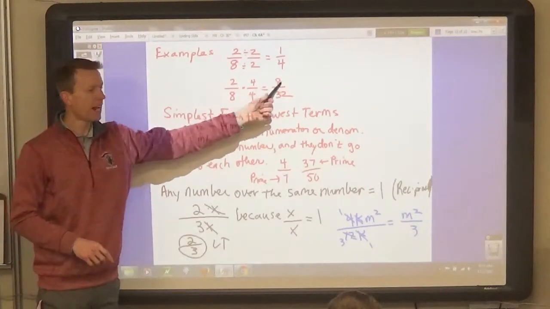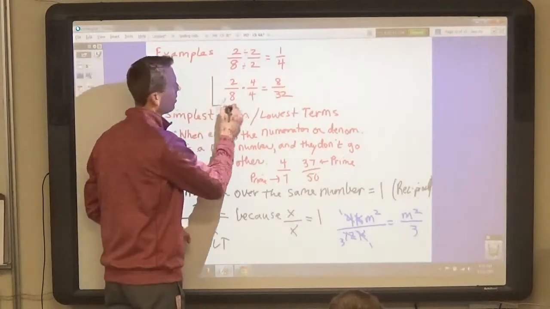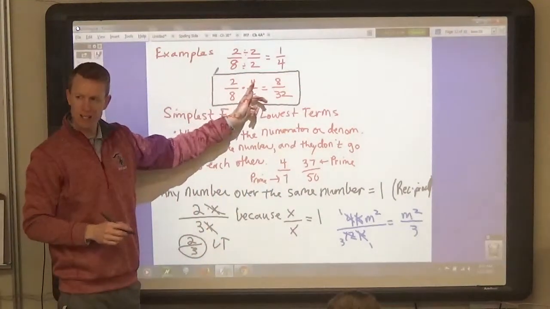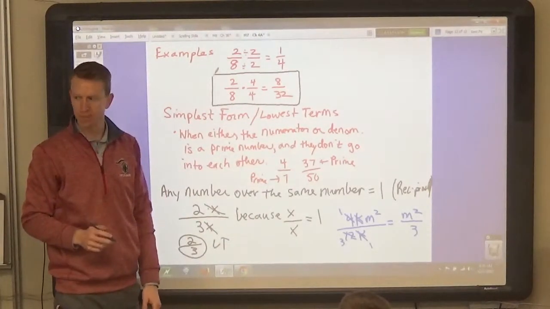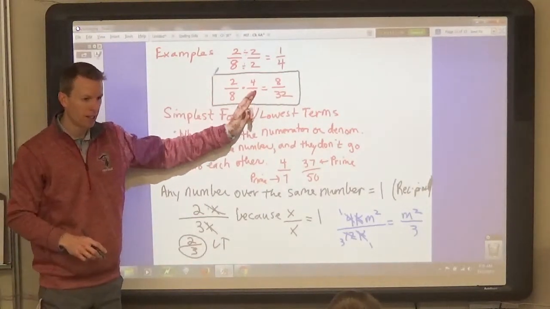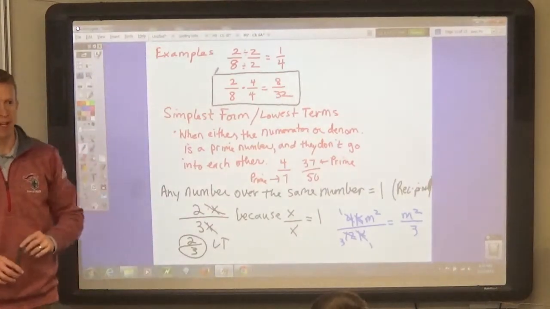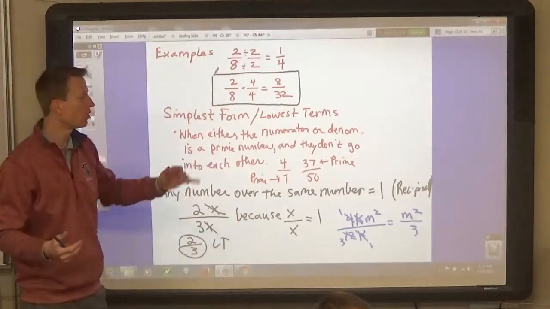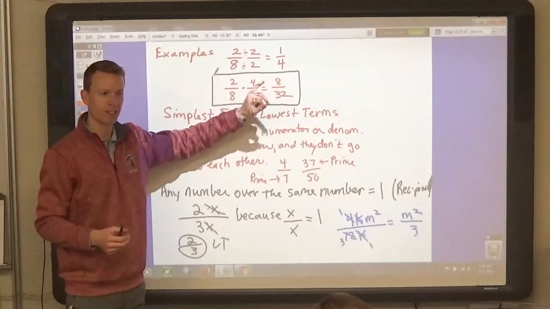So 2 times 4 is 8. 8 times 4 is 32. So these are equivalent fractions. The numerator is multiplied by the same number as the denominator. Okay? We're not changing the amount, we're just multiplying it by 1, aren't we? 4/4 is 1, isn't it? Remember that? So that's why we are not changing the actual amount, we're just changing the size of the pieces. And how many we have.